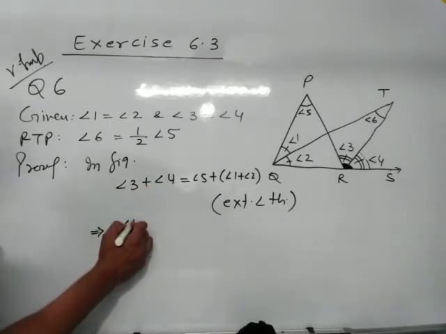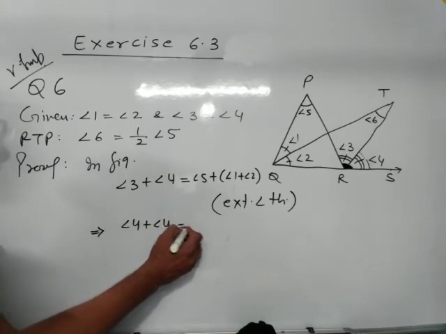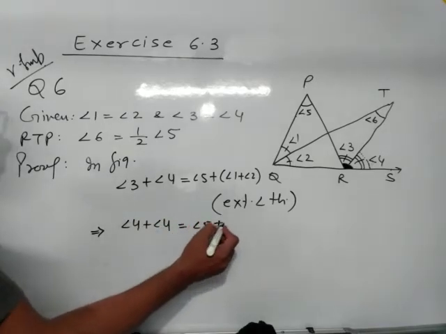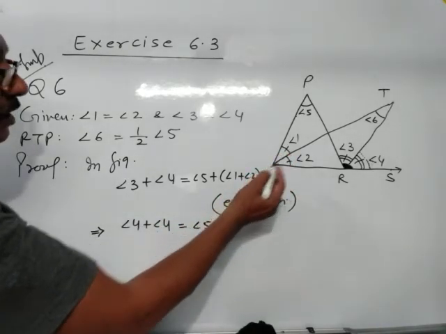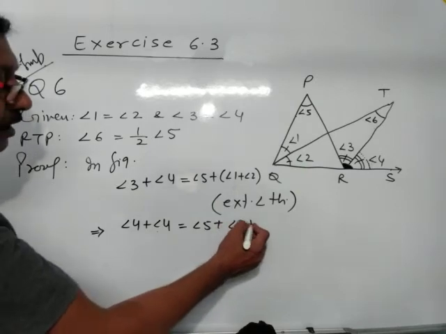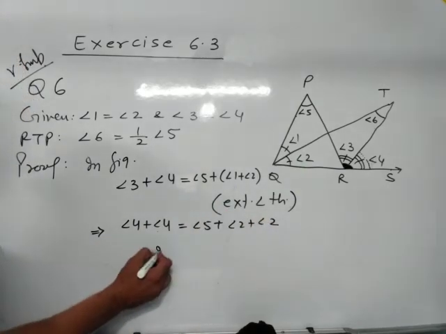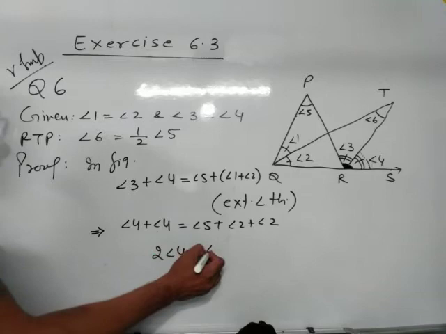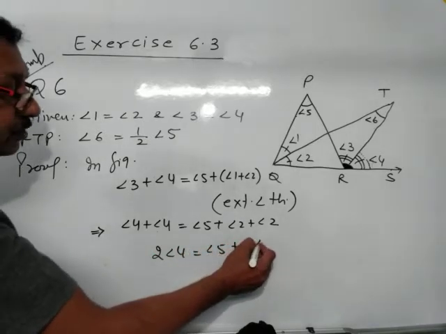So can we write angle 4 plus angle 4 is equal to angle 5 plus angle 1 and 2, which are equal. So write 1 as 2. Angle 2 plus angle 2. Twice angle 4 is equal to angle 5 plus twice angle 2.